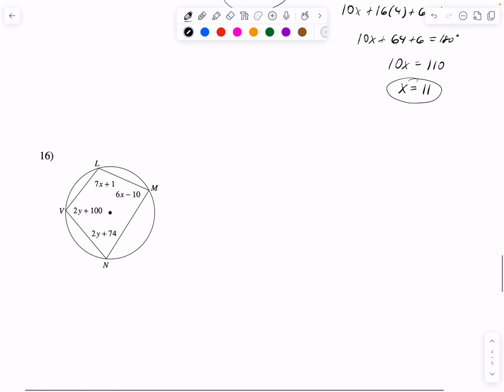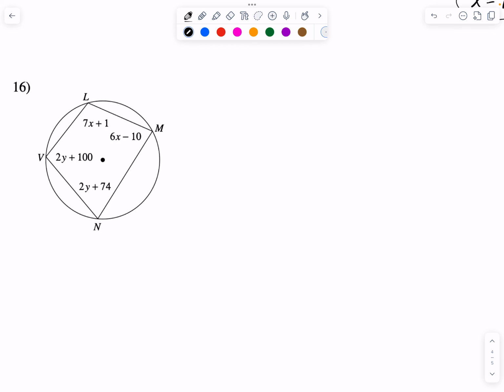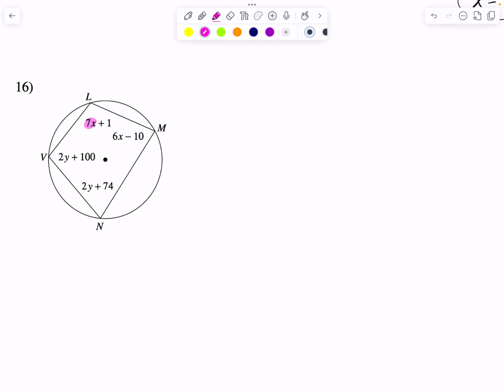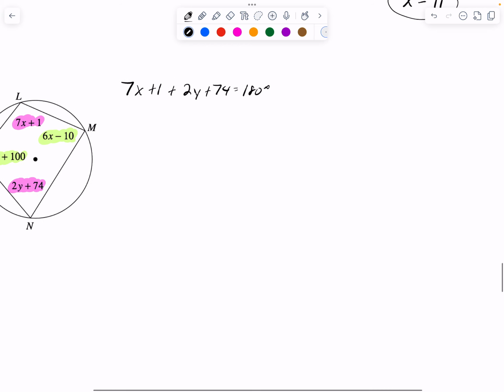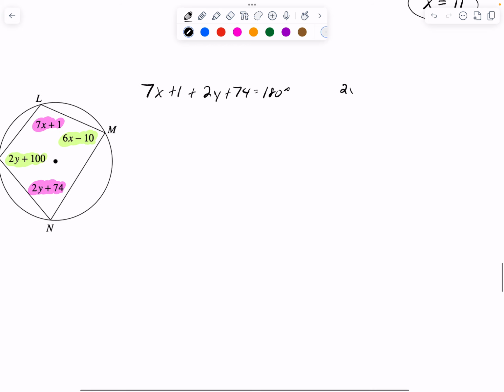Okay, let's do the last one, 16. Same idea here. I've got angle L and angle N are going to be supplementary. Same thing with angle V and angle M. So I'm going to write 7x plus 1 plus 2y plus 74 equals 180 degrees. Then I'm going to write 2y plus 100 plus 6x minus 10 equals 180 degrees.